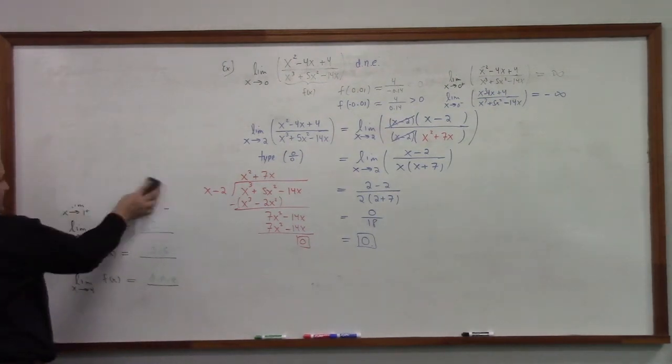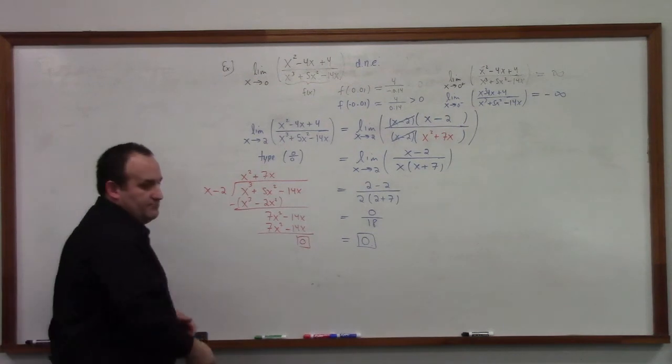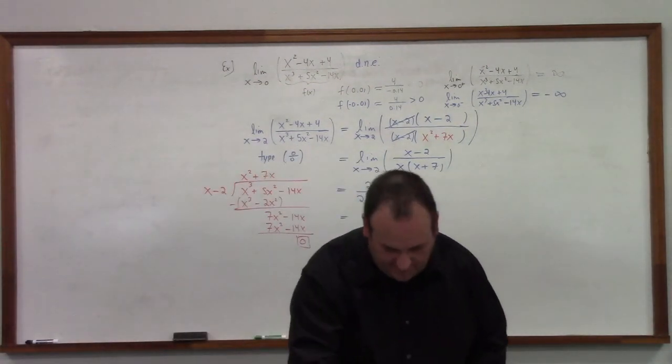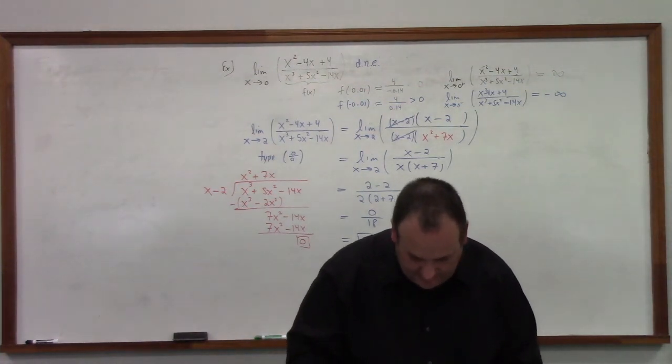So long division is a useful workaround if you forget how to, or if you just don't see how to factor something when it comes up. Let's see if I can find another nice example for us.